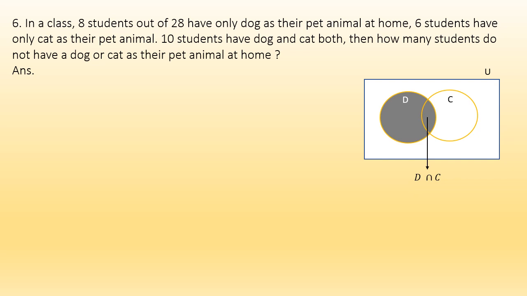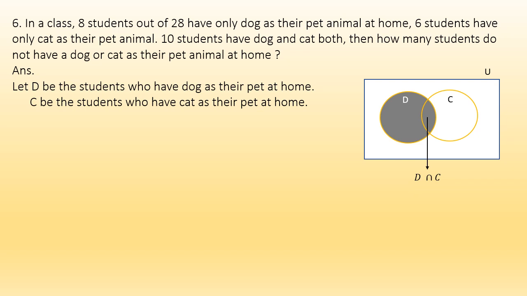Now let's write the statements. Let D be the students who have dog as their pet animal, and C the students who have cat as their pet animal. So these are the statements.